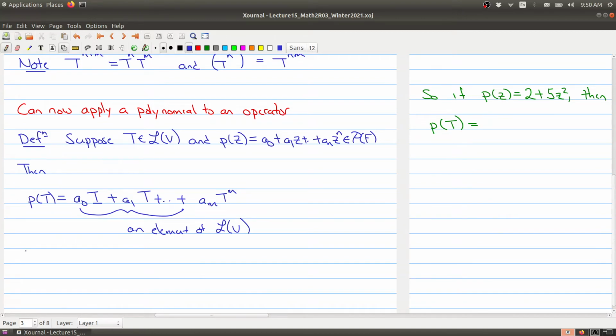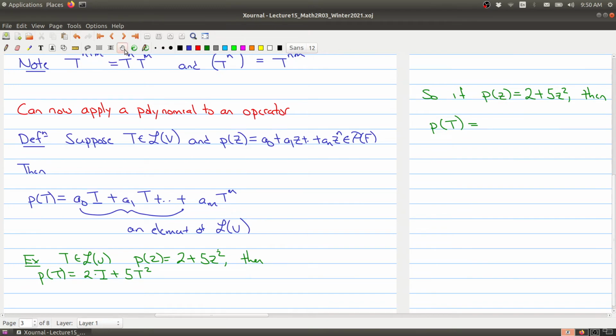Okay, so let's do an example here. If I were to take T in L(V), and if I were to take the polynomial p(z) = 2 + 5z squared, then when I talk about p(T), I mean the operator 2 times the identity operator plus 5 times T squared.